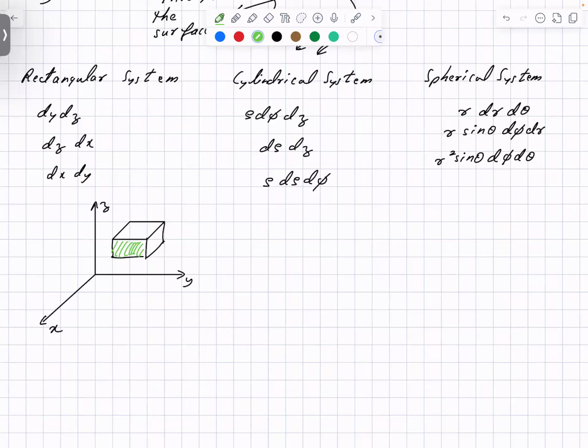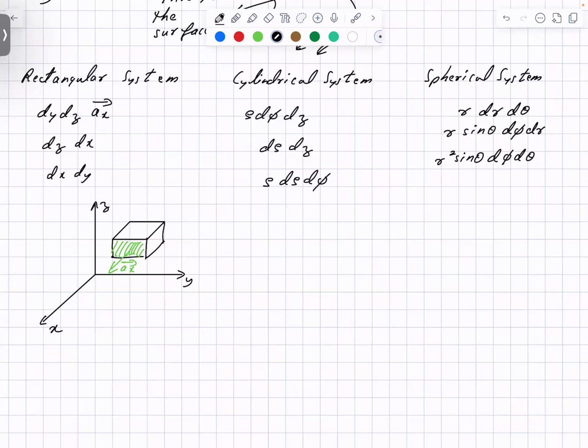Now we assign a direction to that differential surface, and that direction is perpendicular to the surface. So in this case, the direction would be ax. Now we're going to put that direction over here. So dy dz has direction ax.